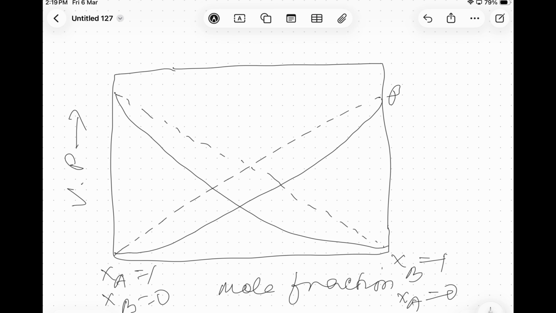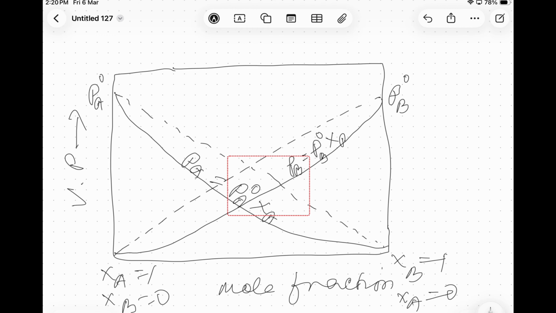So here is PB naught, here is PA naught, and this one is the graph of PA equal to XA PA naught, and this should be the graph of PB against XB. So this is the negative deviation.